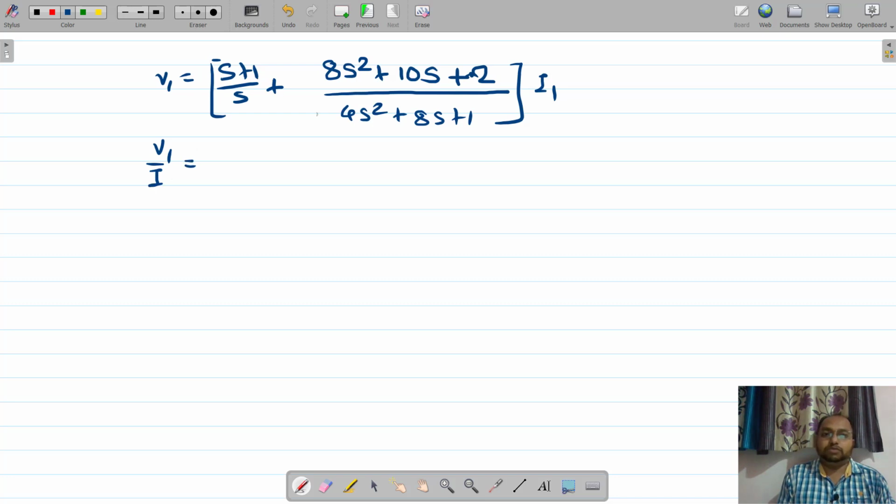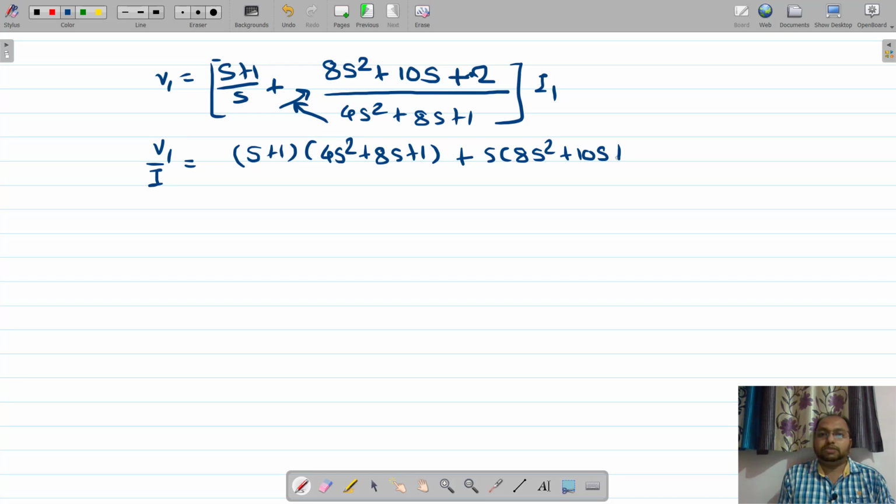Now let us do the cross multiplication so that we can make the common denominator. Okay, so S plus 1 into 4S square plus 8S plus 1 plus S into 8S square plus 10S plus 2, divided by S into bracket 4S square plus 8S plus 1.